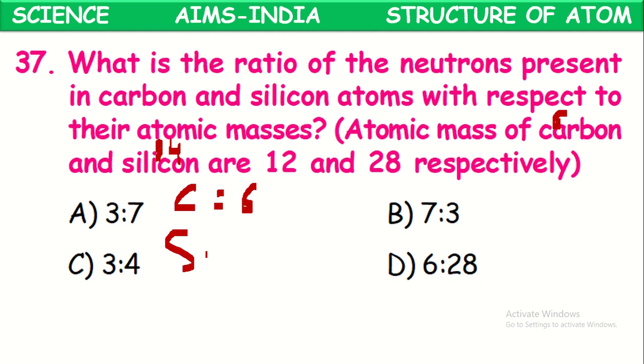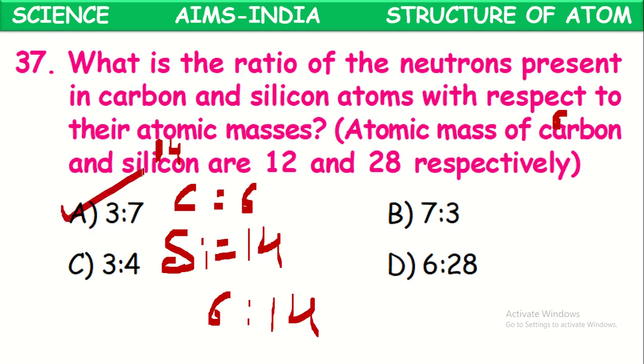For silicon, the mass number is given as 28 and the atomic number is 14, so the number of neutrons is 14. Now if you take the ratio, 6 is to 14, it becomes 3 is to 7.